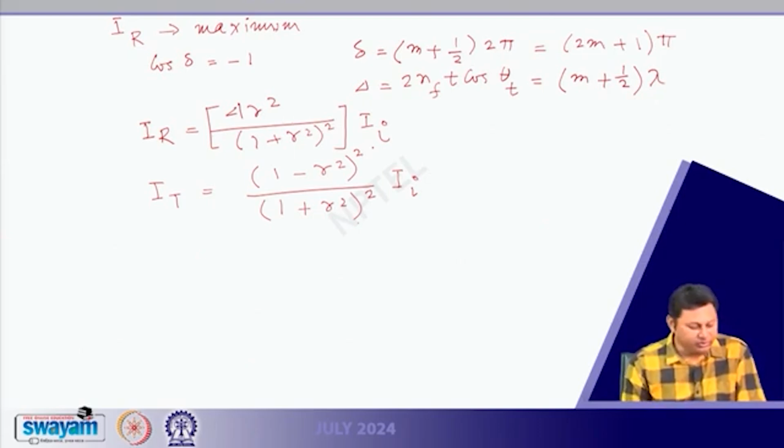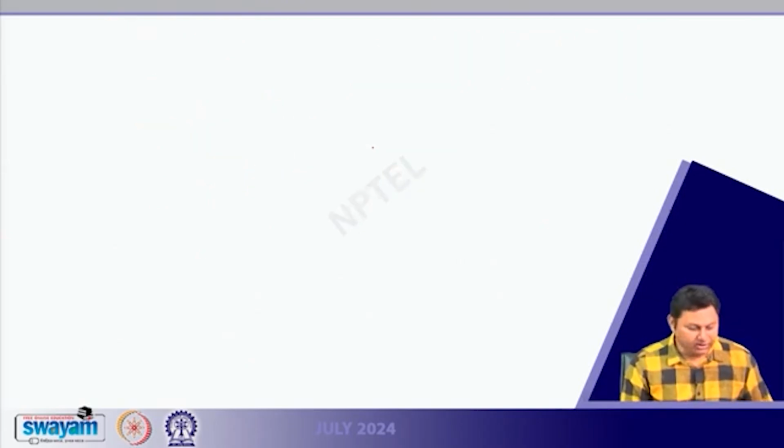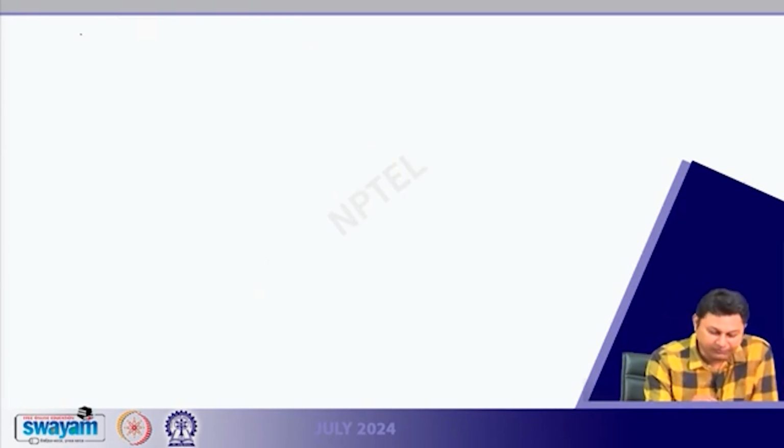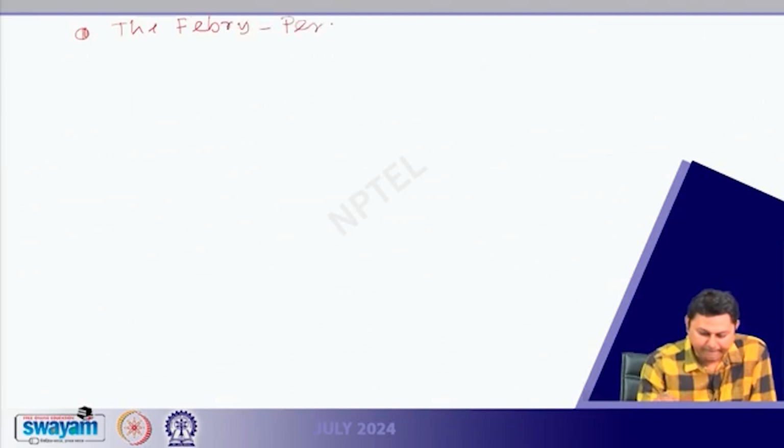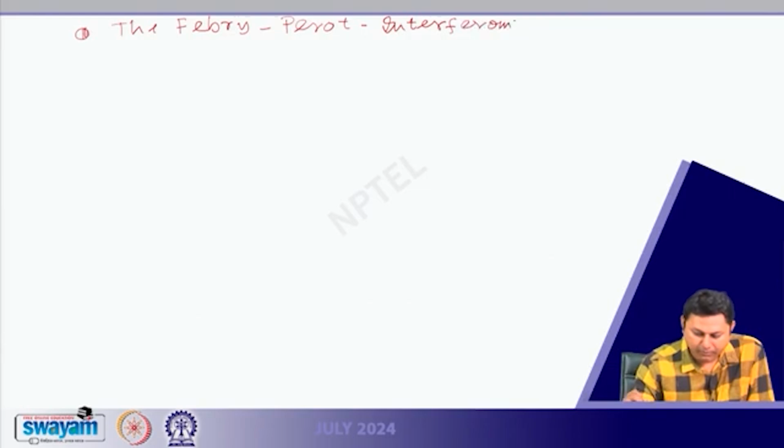Okay, so that was the thing we discussed in the last class. Now we go forward and try to understand the working principle of the Fabry-Perot interferometer, a very important interferometer. So today we are going to discuss the Fabry-Perot interferometer.